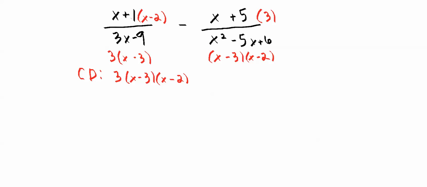So for the x plus 1 over 3x minus 9, we are missing the x minus 2, and for the opposite side we are missing the 3.